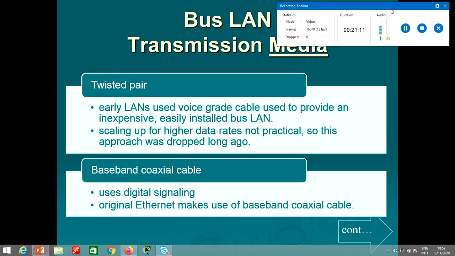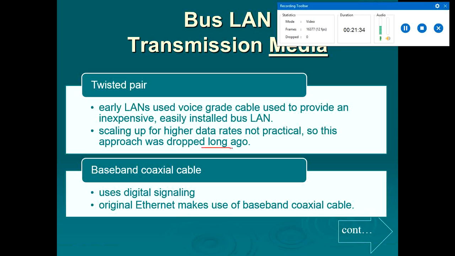In the early days of LAN development, voice grade twisted pair was used to provide an inexpensive and easily installed bus LAN. A number of systems operating at a speed of 1 megabit per second were implemented, and scaling up for higher data rates was not practical, so this approach was dropped long ago.